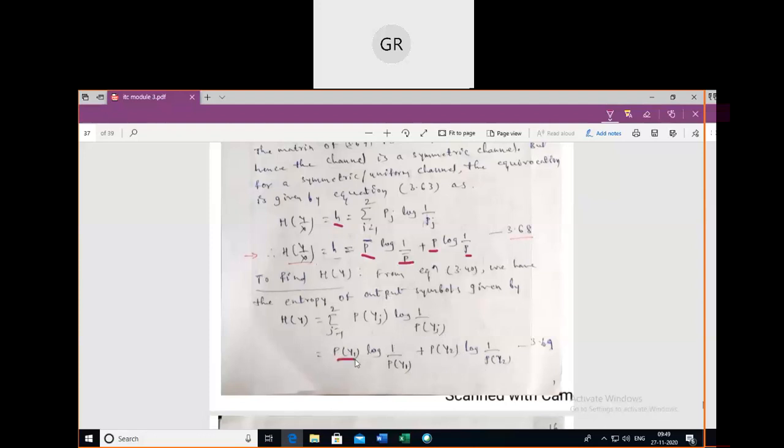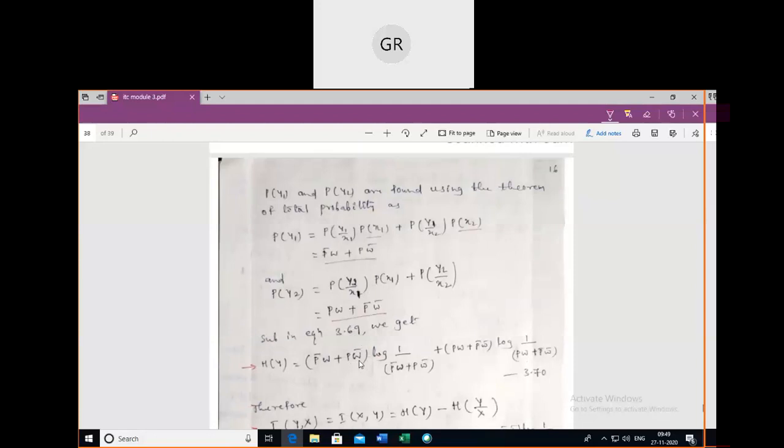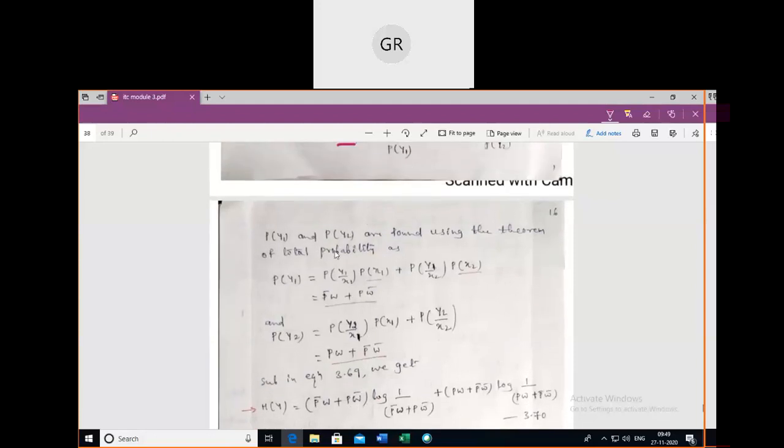What is the probability of y1? Here, p of y1 and y2 are found using the theorem of total probability. We already discussed this, how we can find the output probability using the channel matrix.